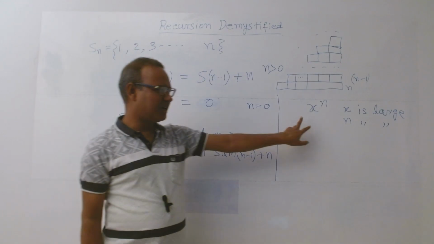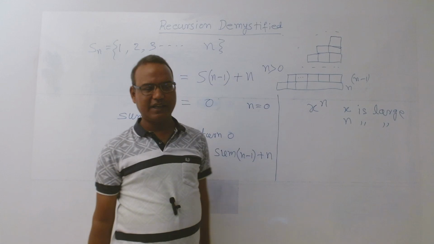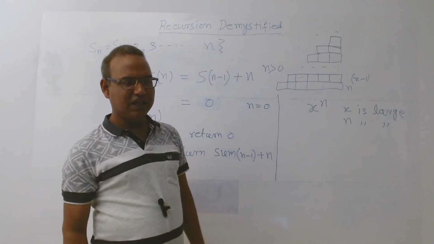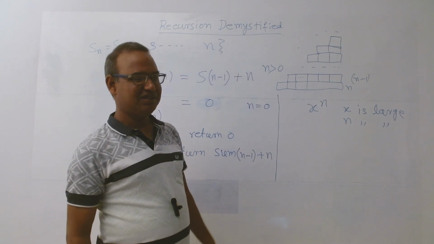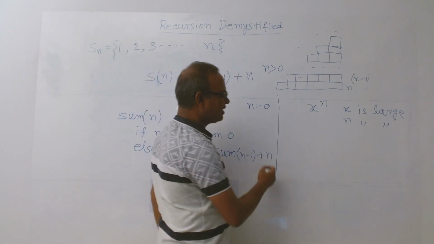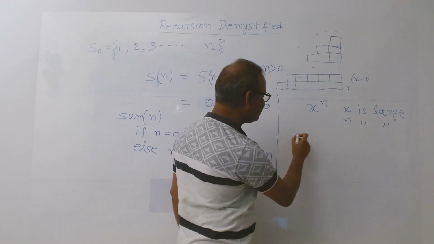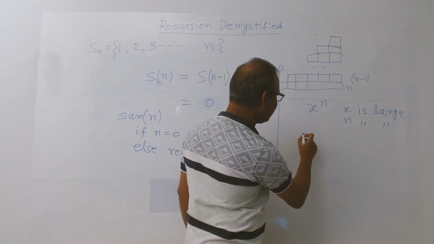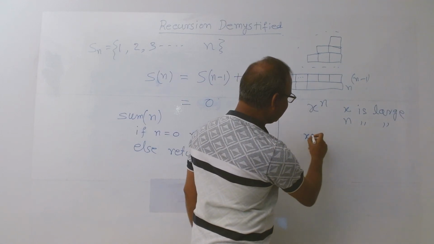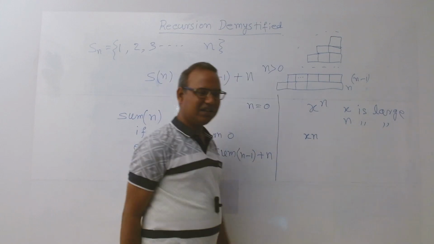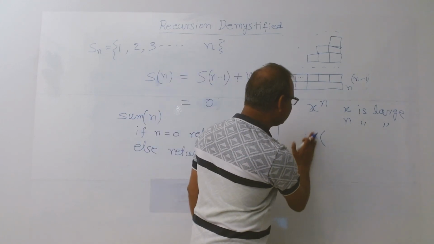That is very fast for multiplication. Now we have to compute x to the power n. What is the standard thinking? How can we compute it? The thinking is very simple: you just multiply by x, n times. So you can write a recursion also. Let's say xn is the name of the function, or we can name it power.